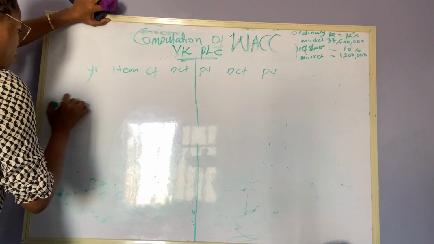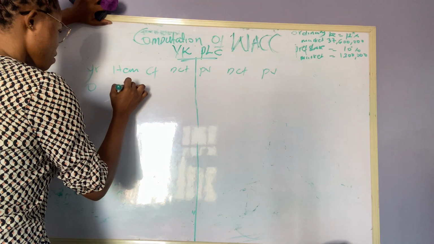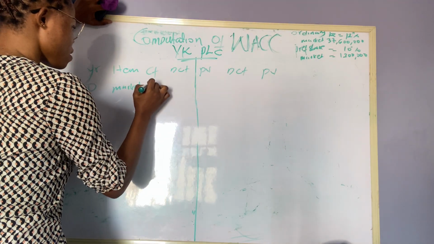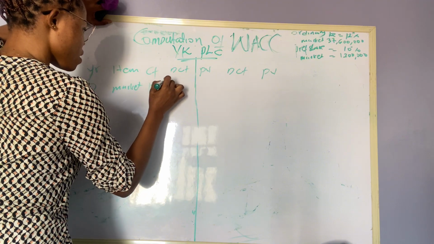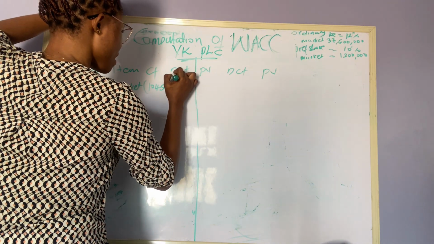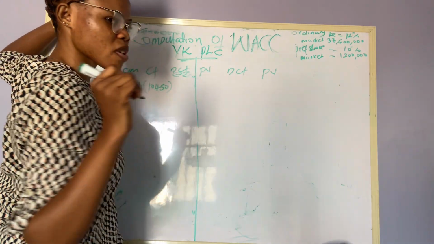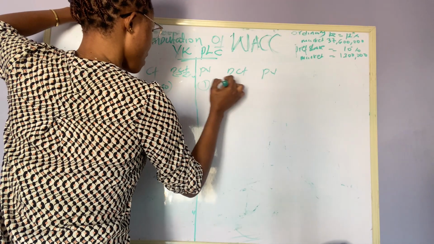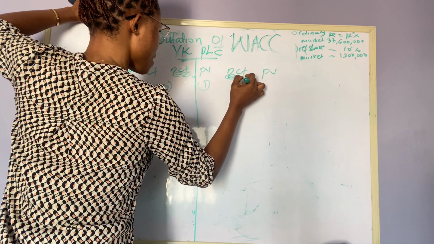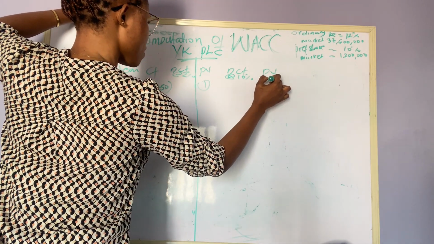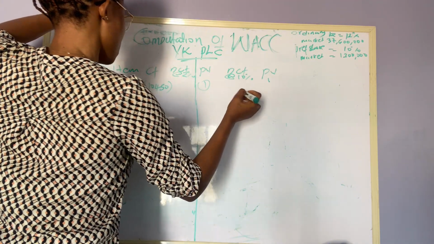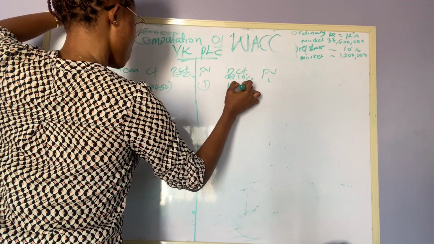Year 0 is the market value, of course, which is 104.50, and the DCF at 2%, the one we solved earlier. And the DCF at 10%, 1.